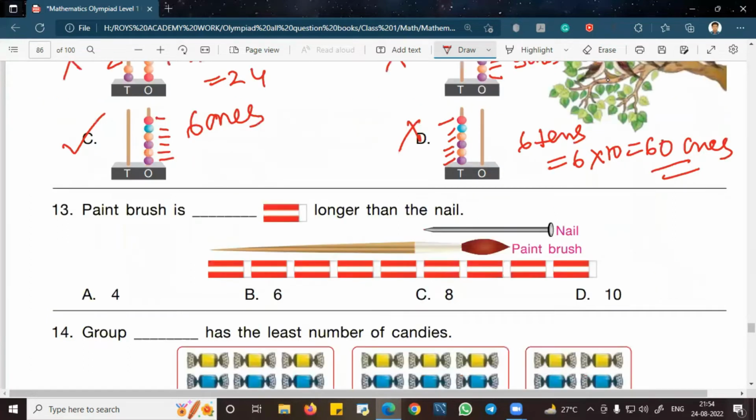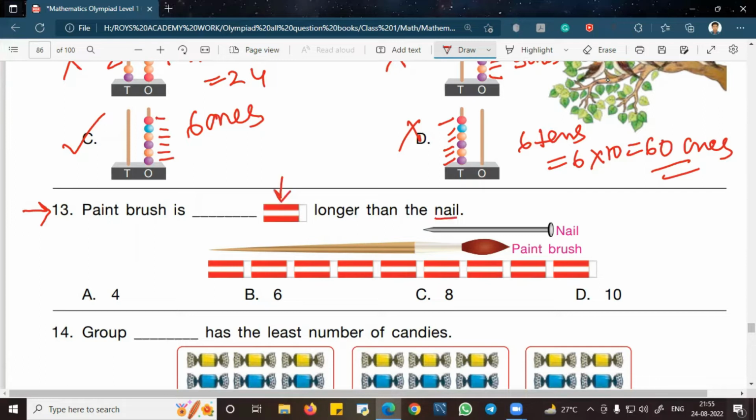Okay, now we have to move to question number 13. So what is it asking? This picture is given. In the picture there is a paintbrush and a nail. We have to see what the length of each is. The question asks: the paintbrush is dash dash, this is an eraser, longer than the nail.